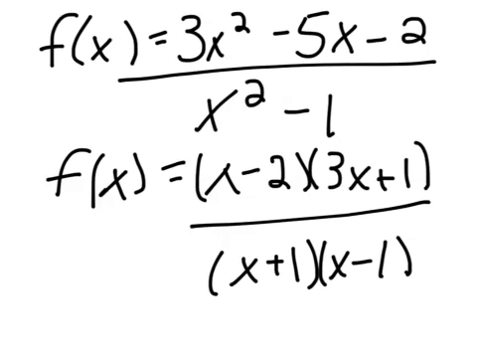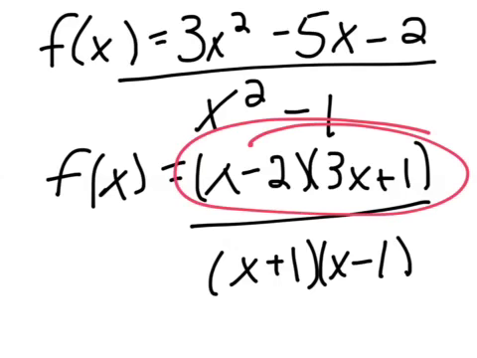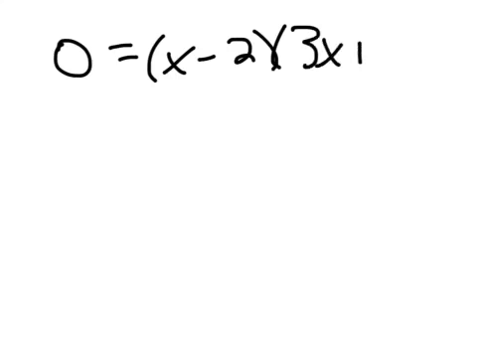After factoring this, you need to find the x and y intercepts. To find your x-intercept, you set your numerator equal to 0, and to find your y-intercept, you plug zeros into your x's. Once again, to find your x-intercept, you set the numerator equal to 0, so 0 equals (x minus 2)(3x plus 1).